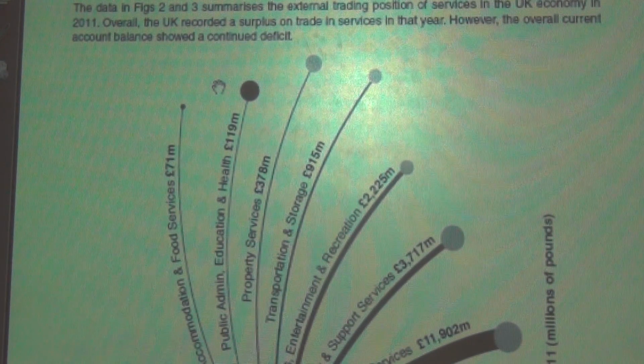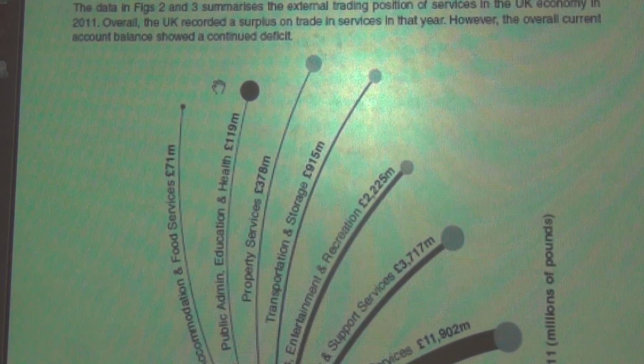Now, given that it says in the first paragraph the overall current account balance showed a deficit, I think it would be sensible on your part to consider a few things. Number one, be able to calculate the trade surplus, which is shown here. That would be the services trade surplus. But also be able to give an explanation as to why the overall current account balance continues to show a deficit.